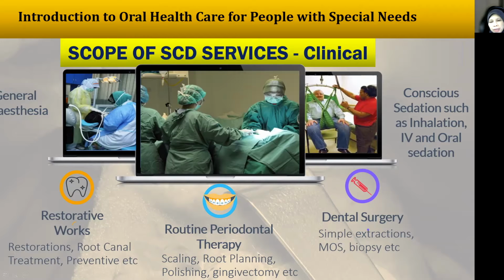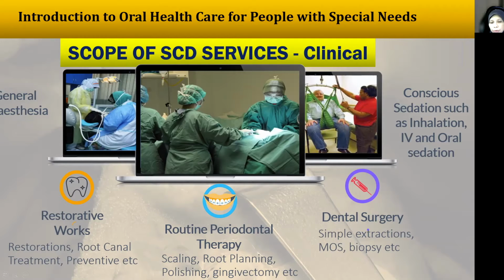And another thing, if you want to do extractions for certain patients, there are things you need to consider: whether the extraction is simple, how long it's going to take, how you will provide the treatment, whether the patient requires antibiotic prophylaxis, or whether a simple extraction can be done just at the waiting area because the patient refuses to go inside the dental surgery.